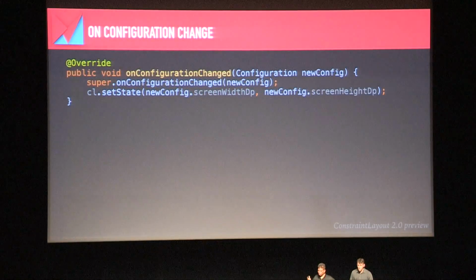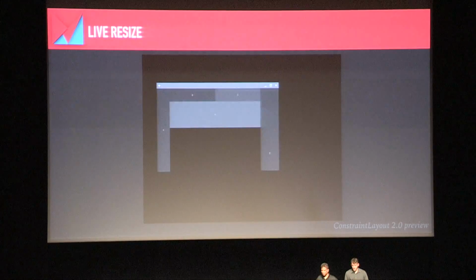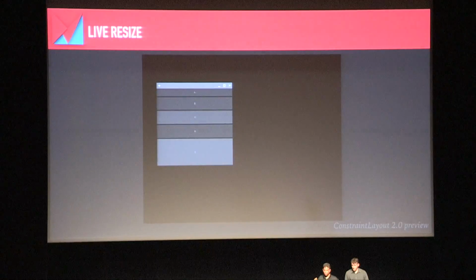And during the on-configuration change, so you can say, I'll take care of configuration change, you set state and you give it the width and height. And now here you see an example where I'm switching between two different layouts.